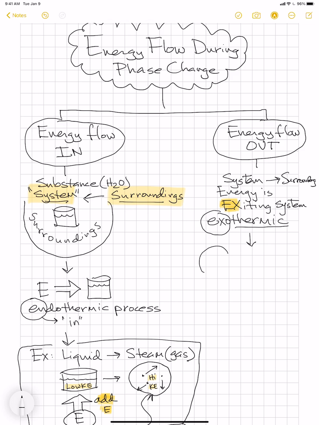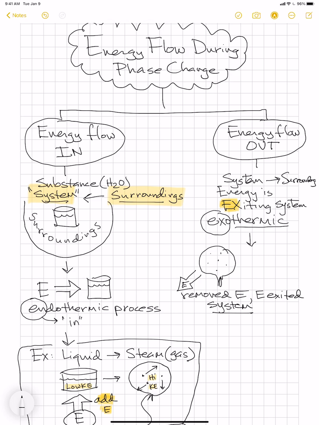If we had a gas, here it is, and we cooled it down, we removed energy. The energy has exited the system. Well, what will that cause?